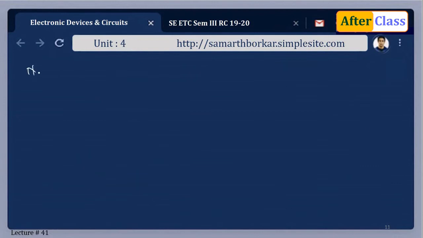Now this VAC RMS is applied to the L section, so the ripple voltage can be obtained by multiplying XC2 by XL. So let me write here in the statement.